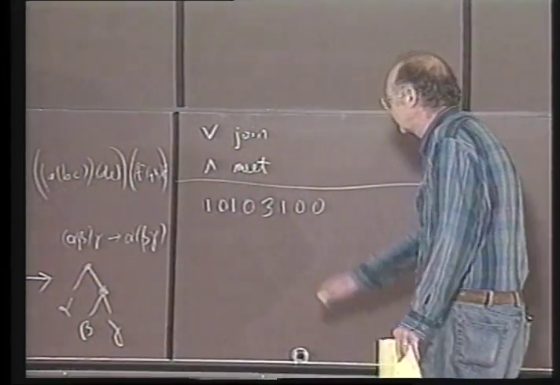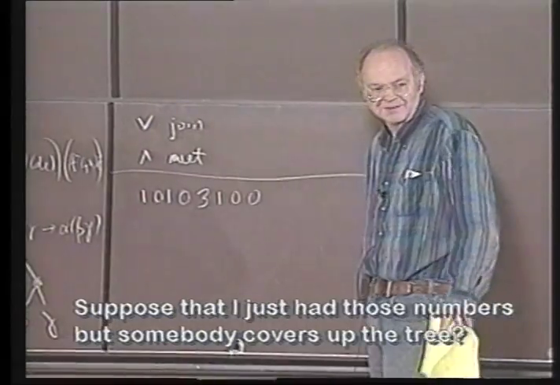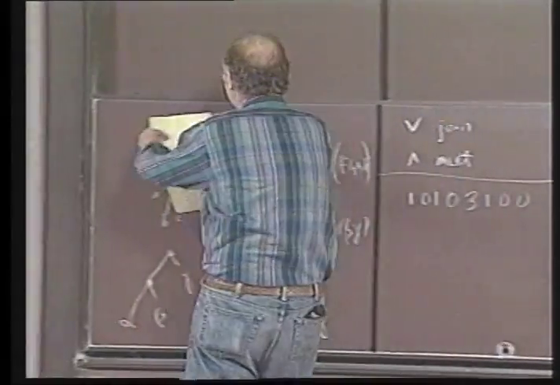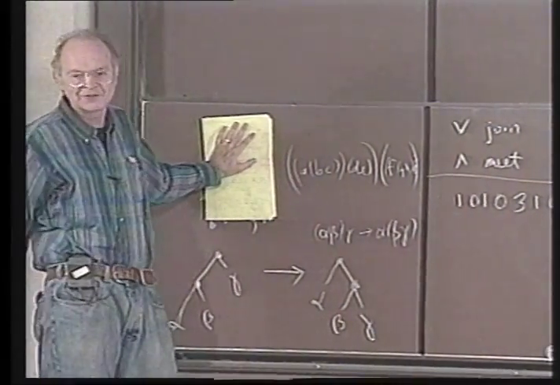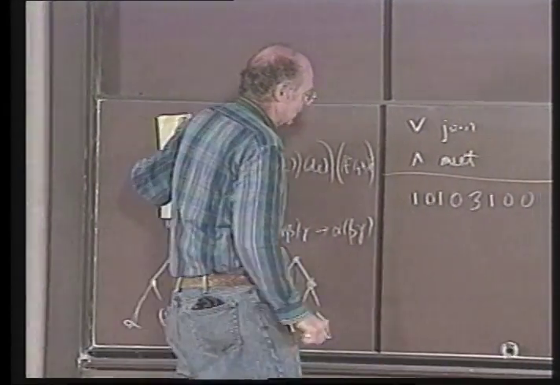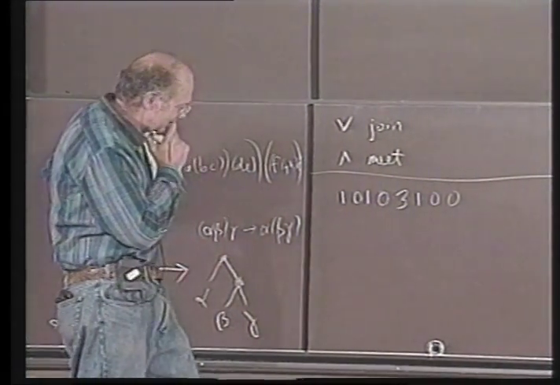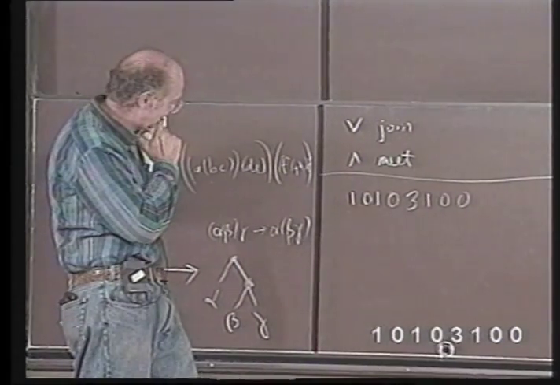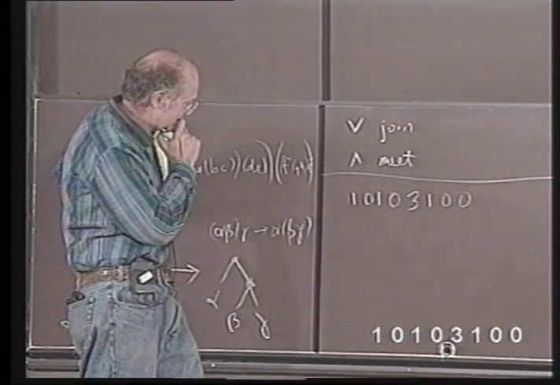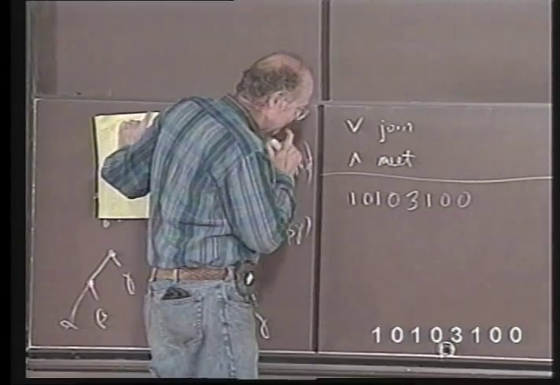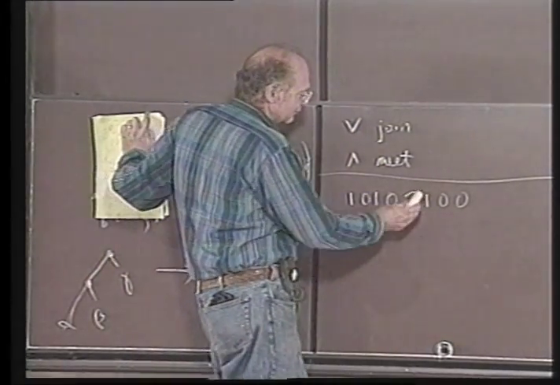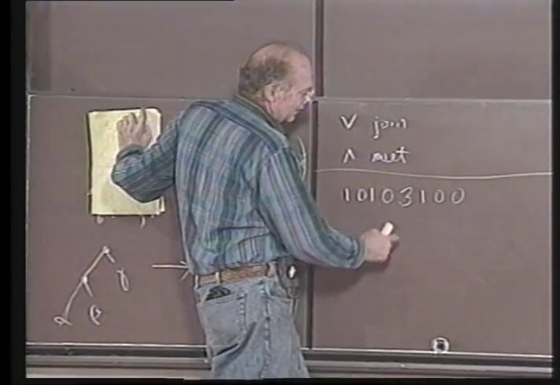Now suppose that I just had those numbers, but somebody covers up the tree and asks, what was that tree? Can I reconstruct it? Well, these are the right subtree sizes of the nodes in increasing order. So how am I going to figure out what's going to happen? Well, for example, this node here has three.